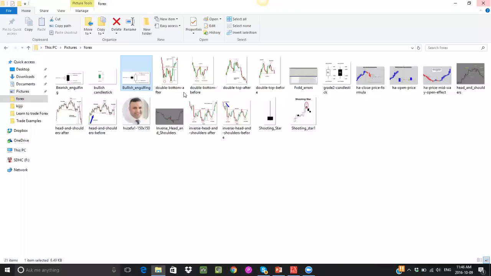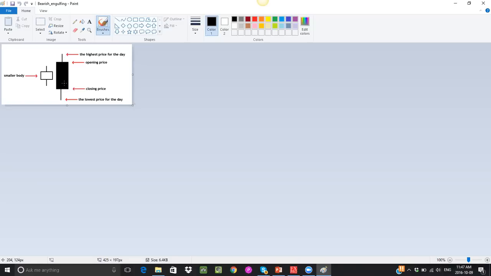Let's take a look at bearish engulfing here. We have a small green or white body here, and then we'll see a big bearish candle, which will be a red candle, or black in this instance. If you were to put this candle on top of this one, it would completely overlap it, so you won't even be able to see the white candle.